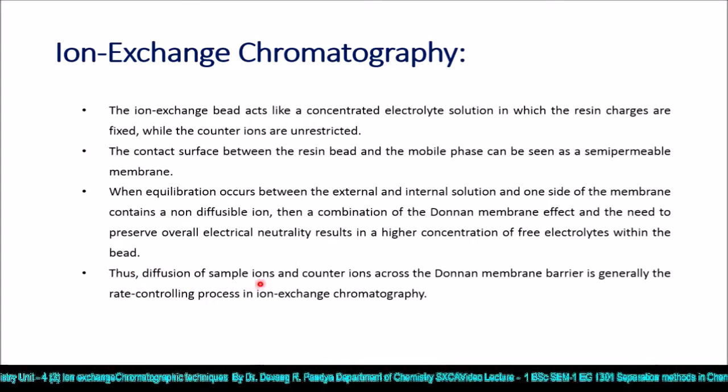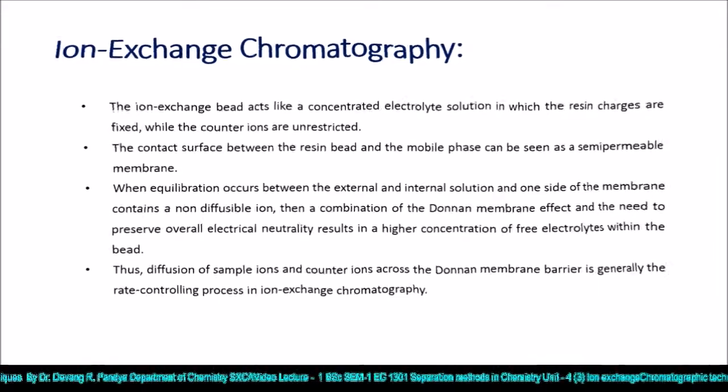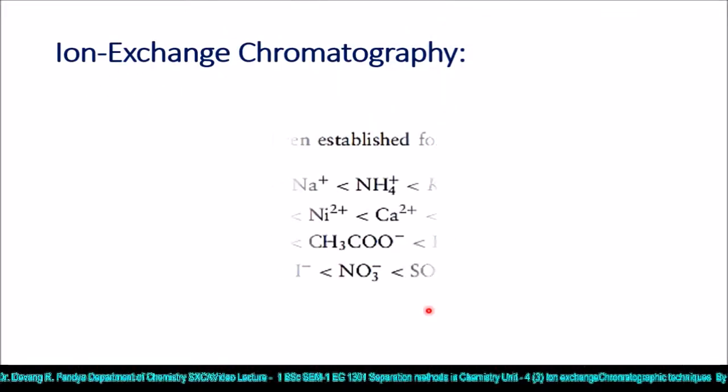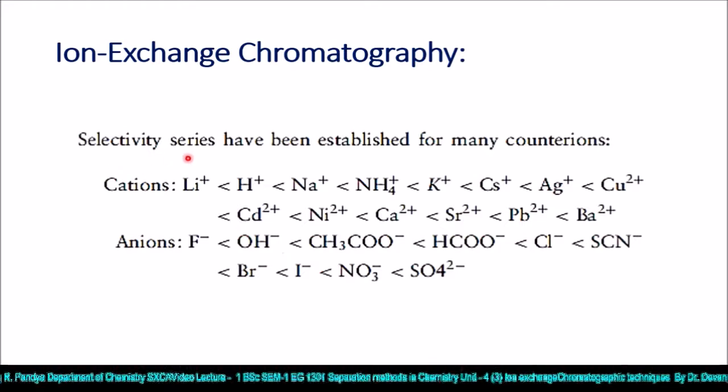Thus, diffusion of sample ions and counter ions across the Donnan membrane barrier is generally the rate controlling process in ion exchange chromatography. Selectivity series have been established for many counter ions.